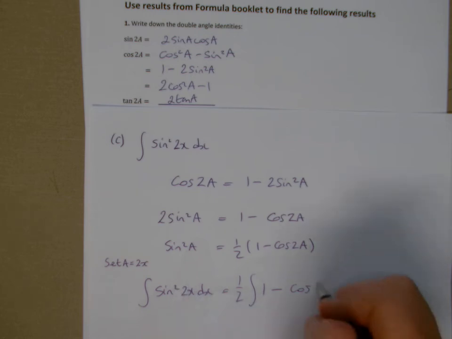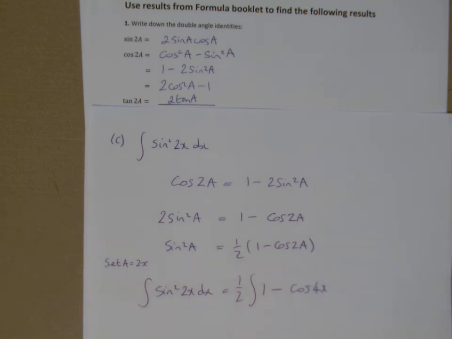So in effect, that's going to become 4x. That's the way you should see it. All I've done is replace a with 2x, and if a is 2x, 2a is going to be double that. So double 2x is 4x.